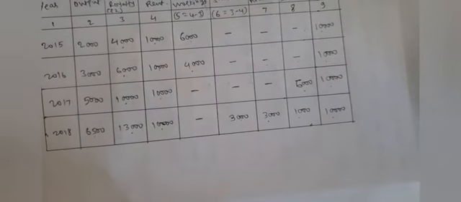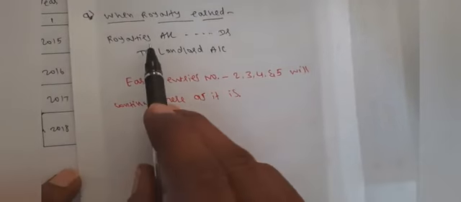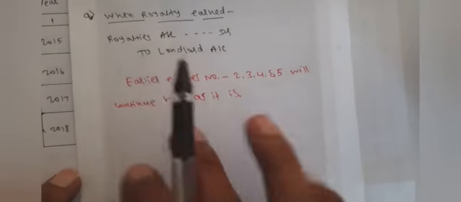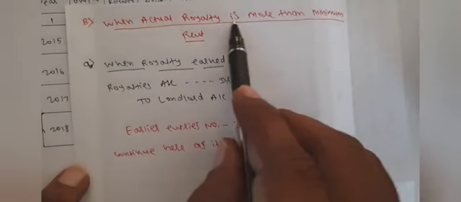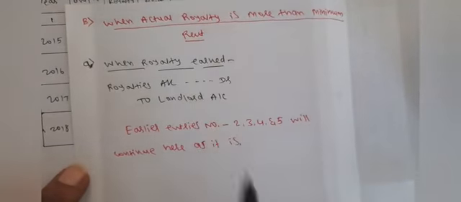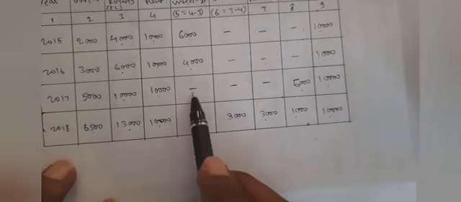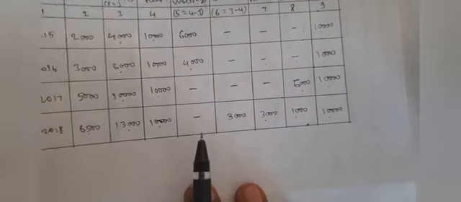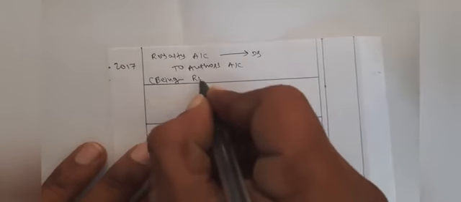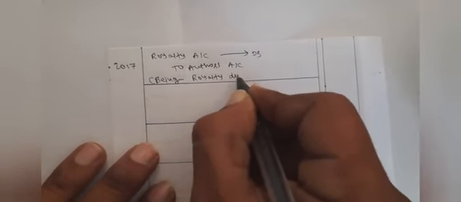So the journal entry is royalty account to landlord account. Short working is not there, so it is not considered. This is applicable when actual royalty is more than or equal to minimum rent. Here both are equal, so there is no short workings. Being royalty due, 10,000.